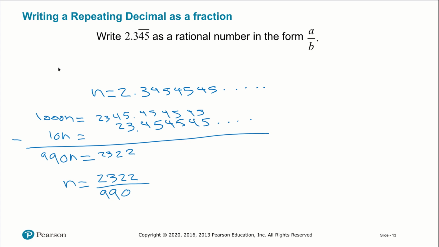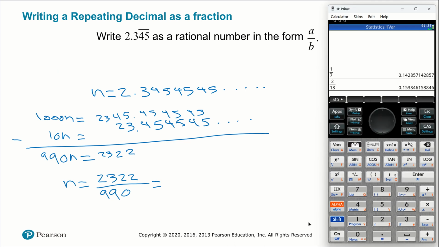Now, I do always want to give my answer in simplest form, so you can either do that manually, but for the sake of time, I'm going to go ahead and use a calculator to do it. So 2322 divided by 990. When I hit enter, it's going to give me a decimal, of course, we knew it is, right? So now I'm just going to hit the A b/c button.